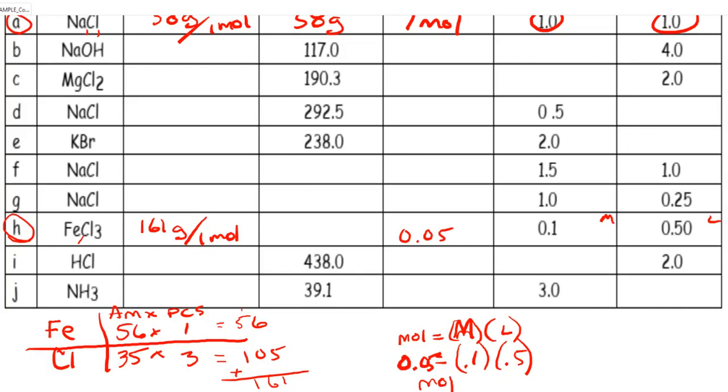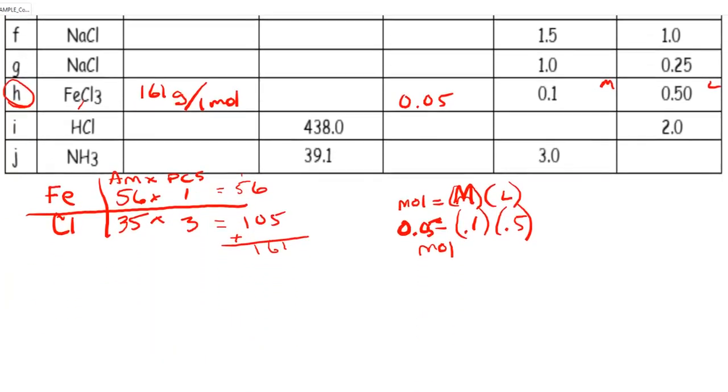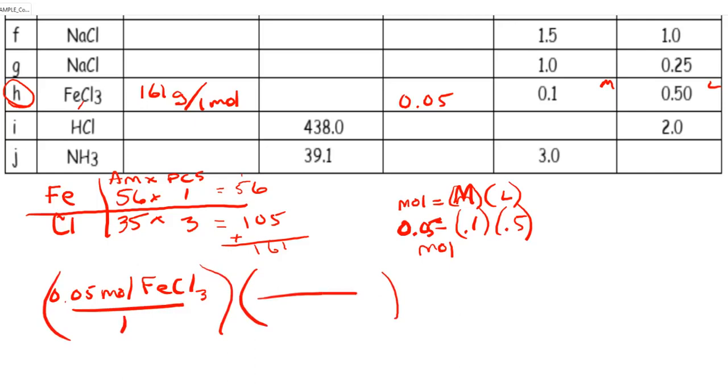The way we do that is we take 0.05 moles of FeCl3 over 1, put that in parentheses. We set up another set of parentheses. We take our conversion factor, which is our molar mass. So we want to have 161 grams over 1 mole, where the moles cancel.